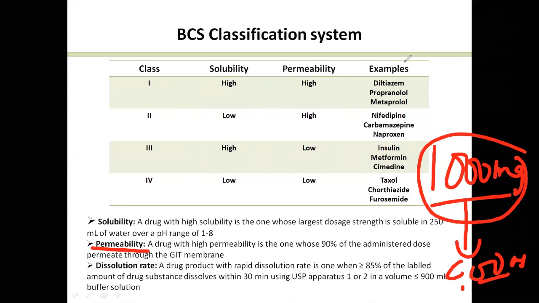Otherwise, I will call it a low permeability drug. So, if 90% of the administered dose penetrates the GIT membrane, I will put it into high permeability, otherwise low permeability. There are a few examples that you need to learn.